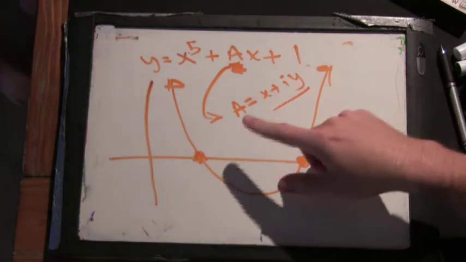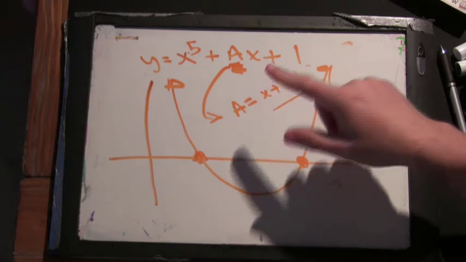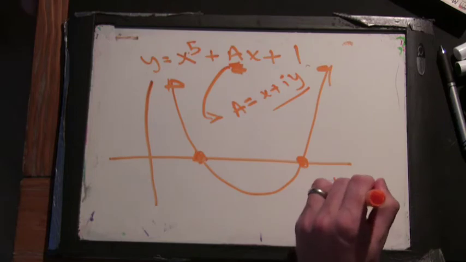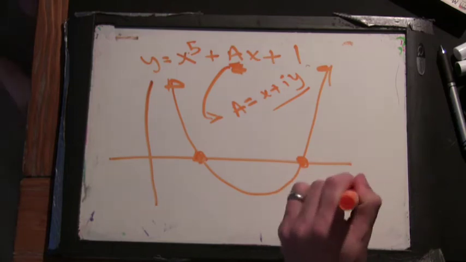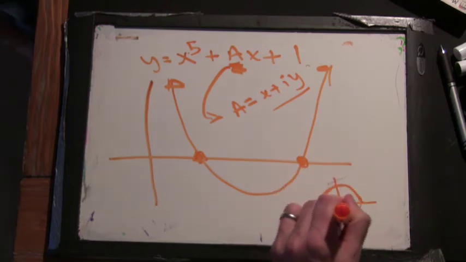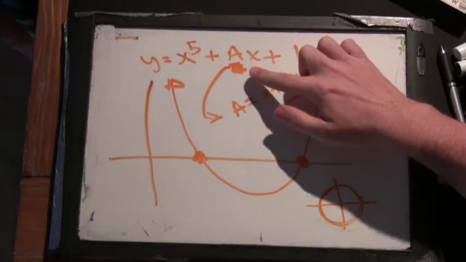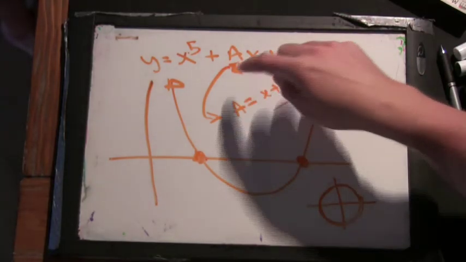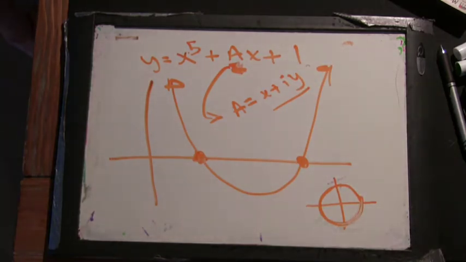And one of the equations was actually this exact equation. And they let A go in the complex plane around a circle. So this variable was changing around a circle, and the roots of the equation were changing as this changed. And they produced some pretty interesting graphs.